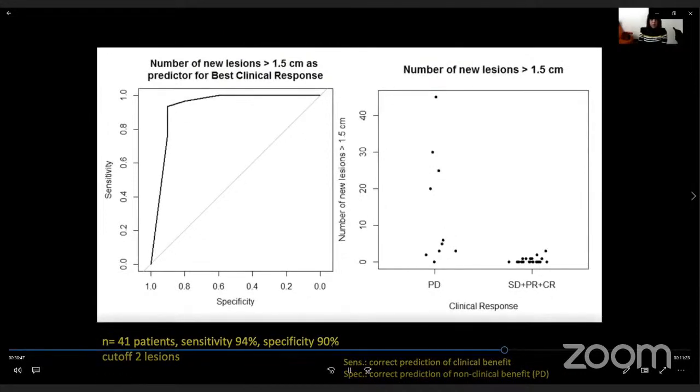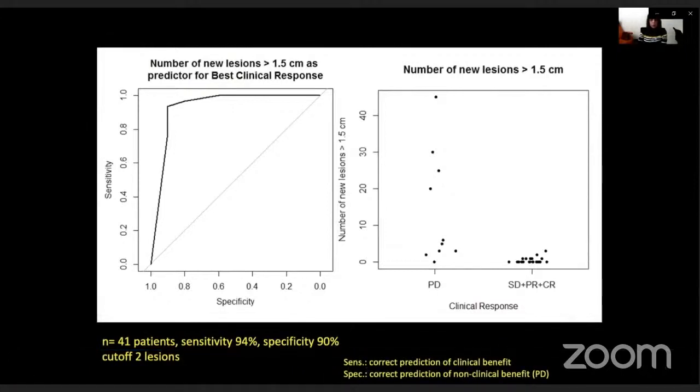The next step was to look also at the diameter of the lesion. So we thought to combine the number of lesions with the diameter of the new lesions, and this combination resulted in the following: if you just have lesions which are more than 1.5 centimeter in diameter, 2 lesions are enough.